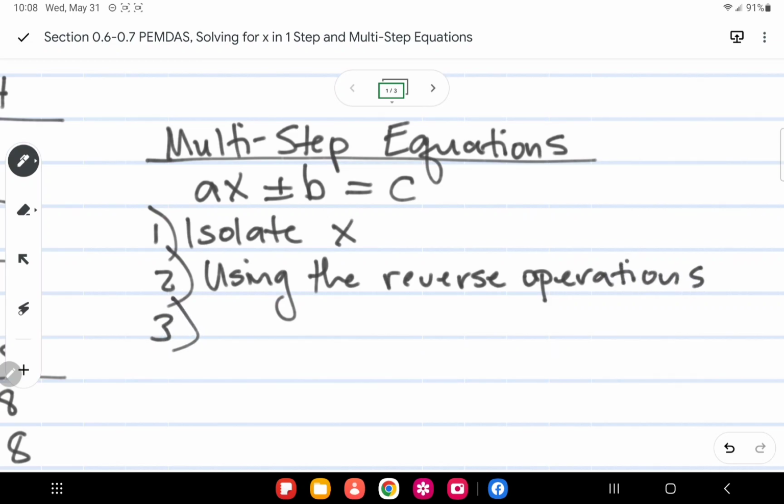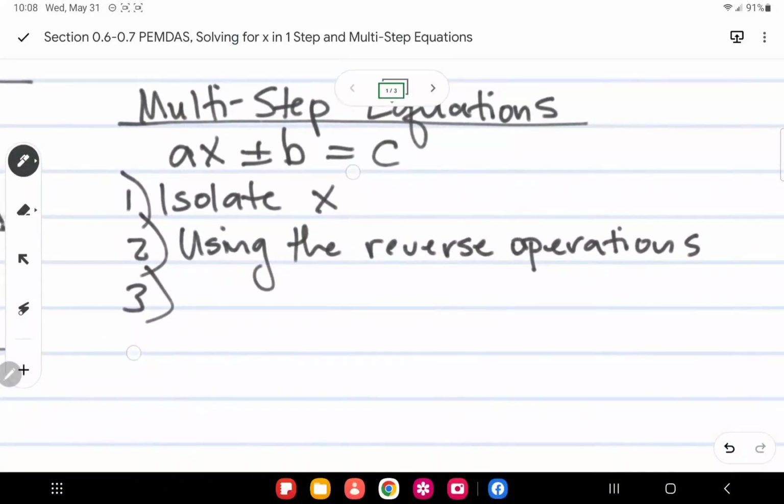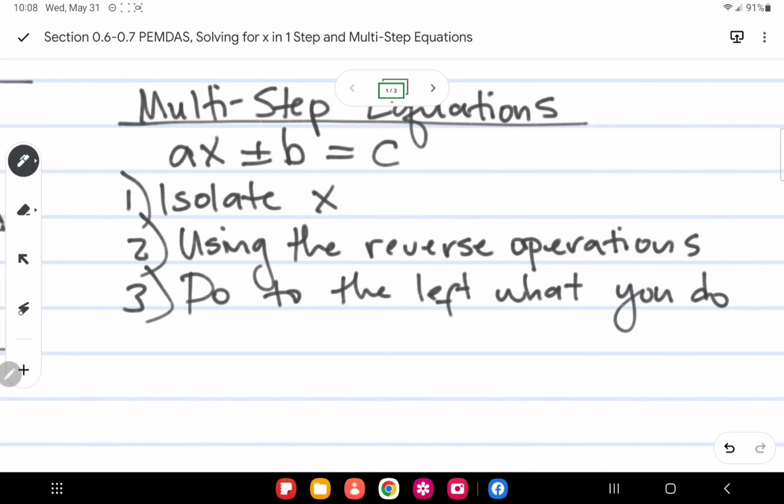And the other rule that we have to follow is do to the left what you do to the right. Okay?